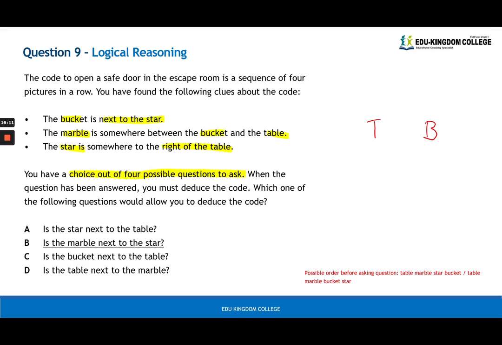Marble is somewhere between bucket and table, so we can have marble here, for example. The star is somewhere to the right of the table. Okay, so you can have table, marble, bucket, star, or marble, star, bucket like that. Okay, so those are the 2 possible orders. And to figure out which way it is, you can ask about the marble and the star being next to each other or not, which is B.